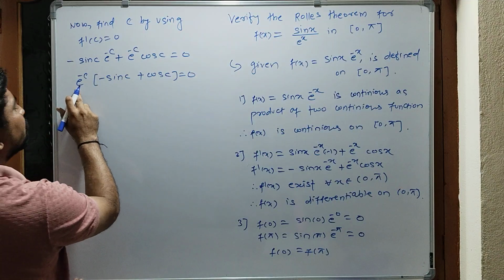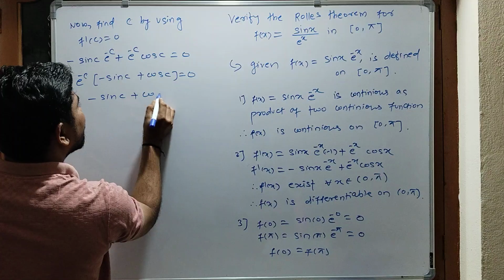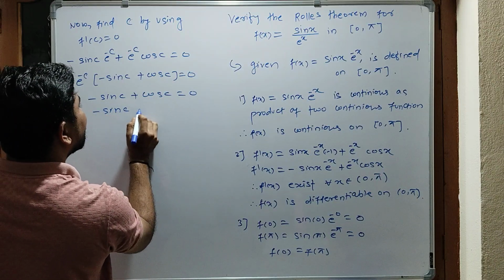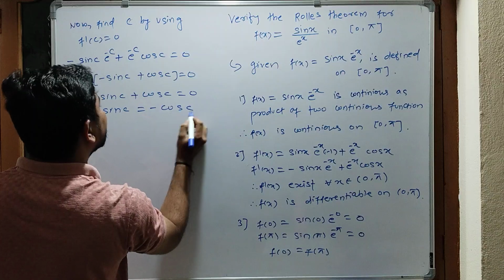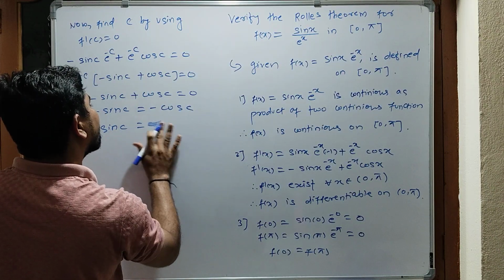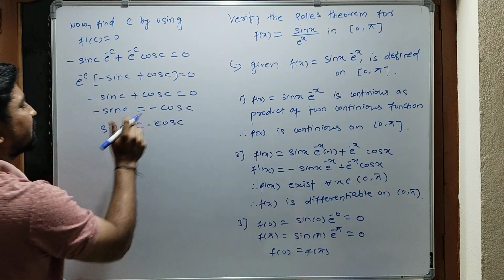Here e power minus c is never 0. This implies that minus sin c plus cos c equal to 0. This implies that minus sin c equals minus cos c. This implies that sin c equals cos c, here minus minus gets cancelled.